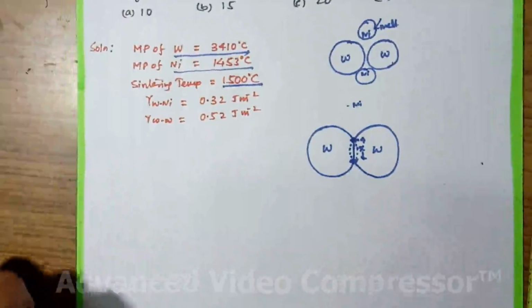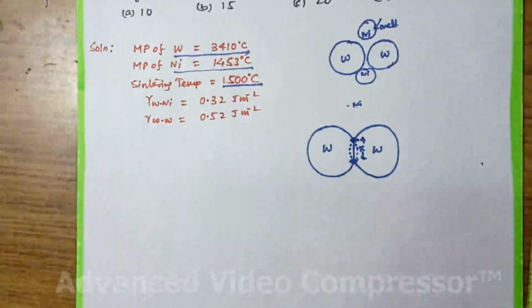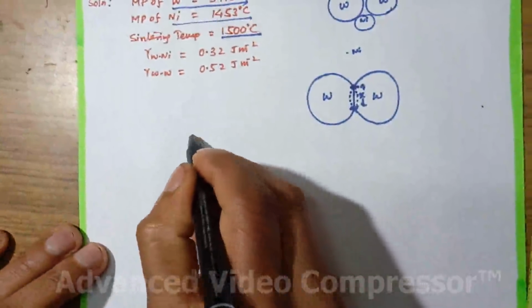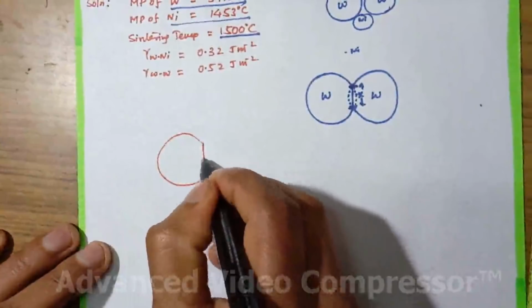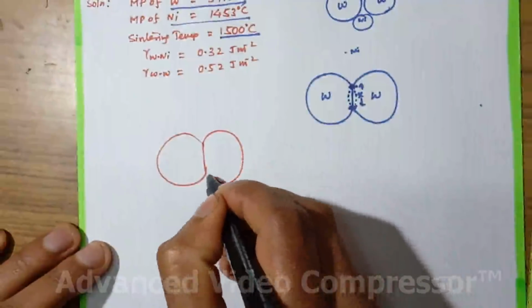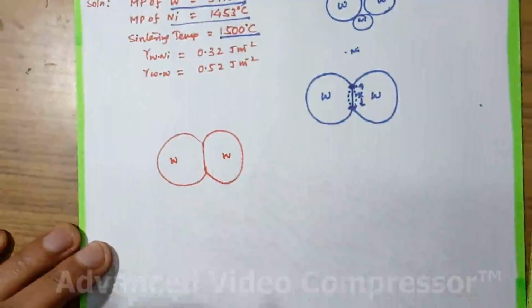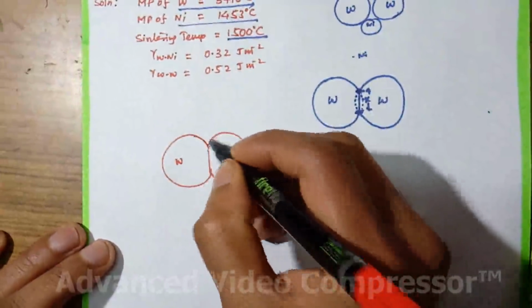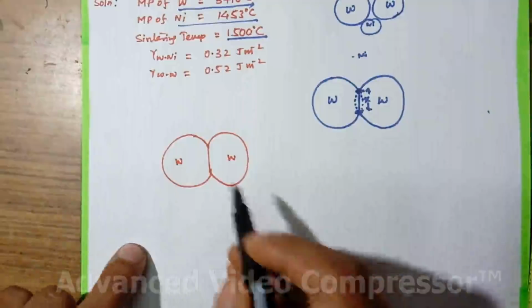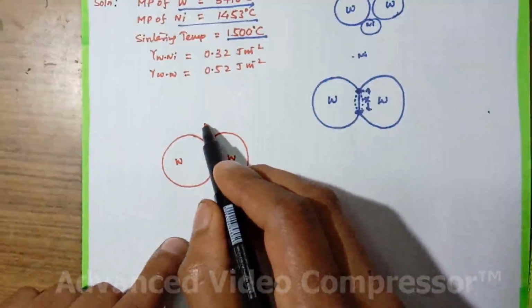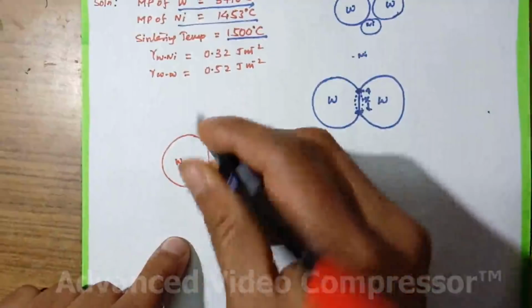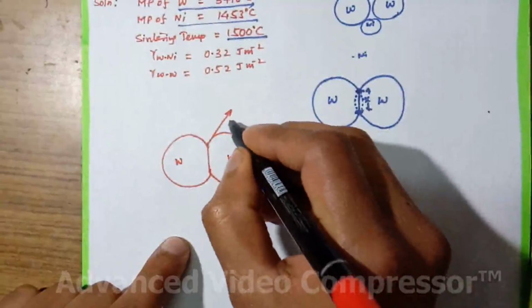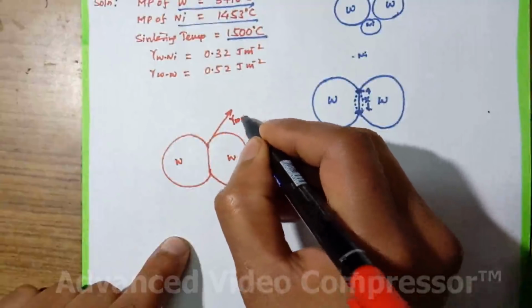Okay, so I will draw this diagram again and I will try to solve. Tungsten, tungsten. Now we know the interfacial energy: since nickel will be present in molten state and tungsten is in solid state, there will be a surface energy or interfacial energy, that is gamma tungsten-nickel.